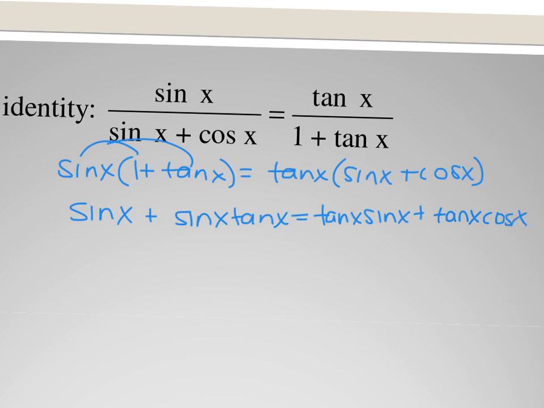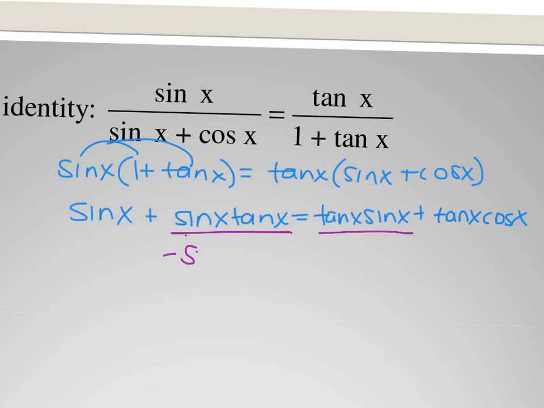Now what? Do you see something on either side of the equal sign that is the same? These are both the same, right? Whether the order is different or it's multiplication, they're the same, right?